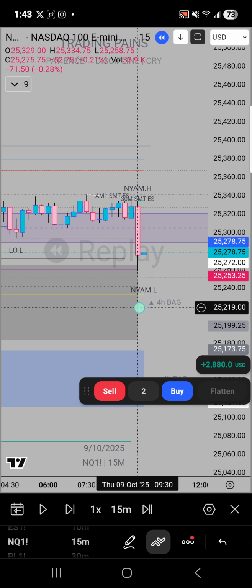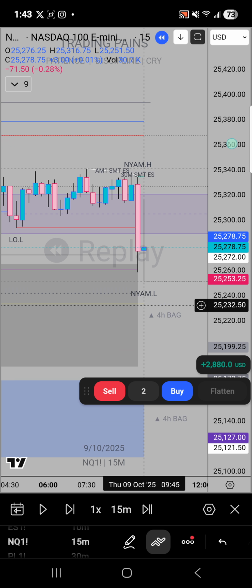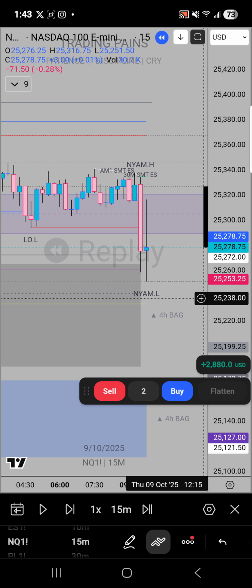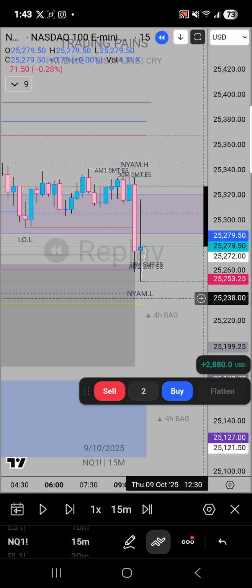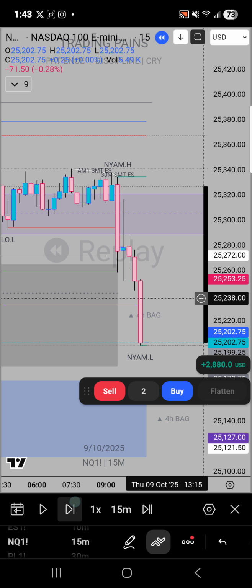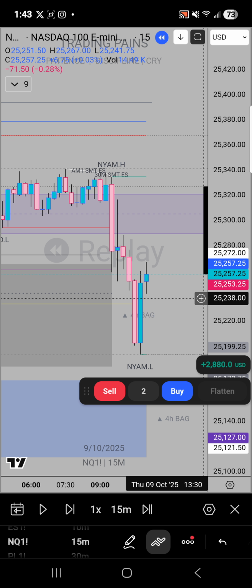So 9:30 just opened, so now it's 9:45. It's a doji candle. I think there are signs for reversal. And it went down. Okay.